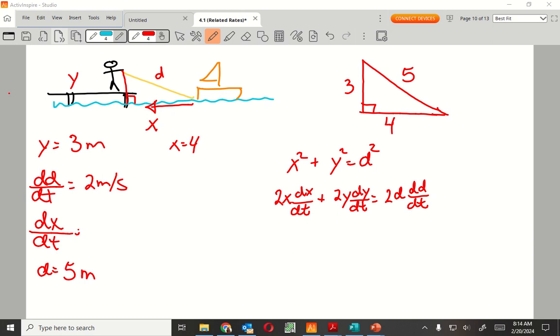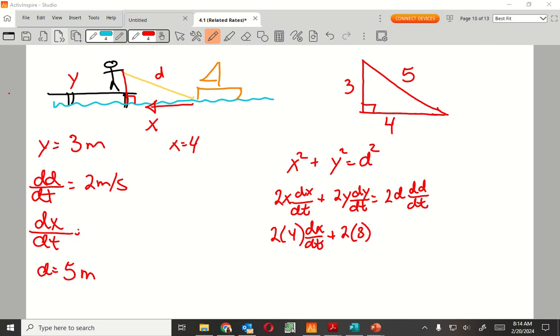Now let's start plugging in what we have, and we can start solving for what I'm looking for. I know I need to find dx/dt, right? That's the goal of the problem. So this is going to be 2 times x. My x value was 4, and that's going to be dx/dt, plus 2y. My y is 3.